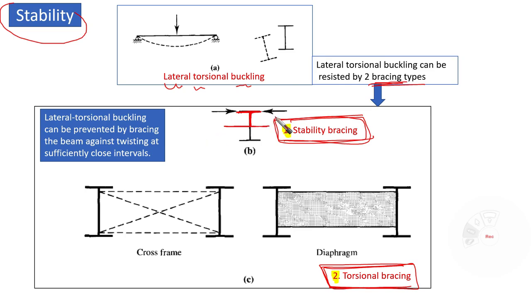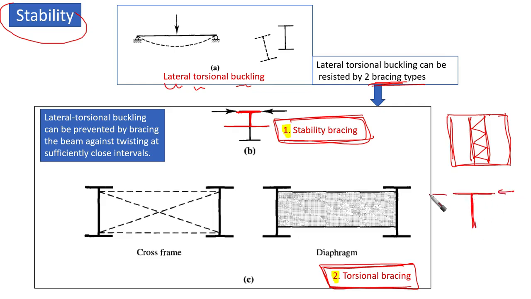So if we could restrain the top flange or the compression flange from going laterally by providing some bracings, for example, if we have a plan like this, and we have the beams running in this direction, this means that we can provide some lateral bracing. This lateral bracing is going to be at the level of the compression flange. So it is going to restrain the compression flange from going laterally.